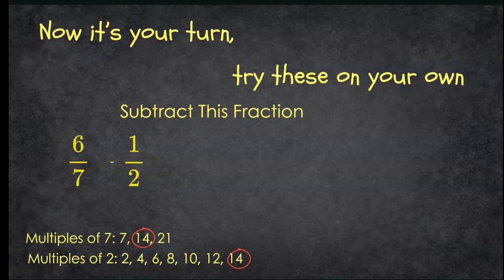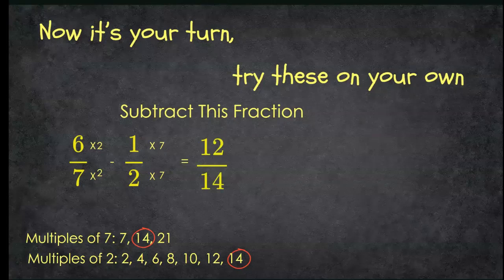So I'll be converting both of these fractions into 14ths. The way that I'm going to do that is take 6/7 and multiply it by 2, and take 1/2 and multiply it by 7. That is going to give me new equivalent fractions of 12/14 minus 7/14.